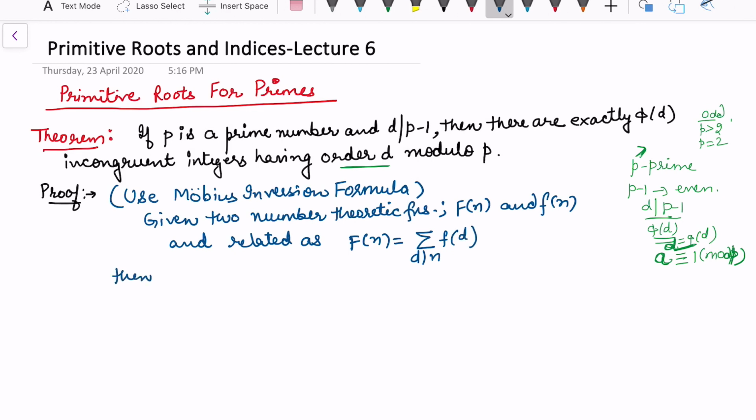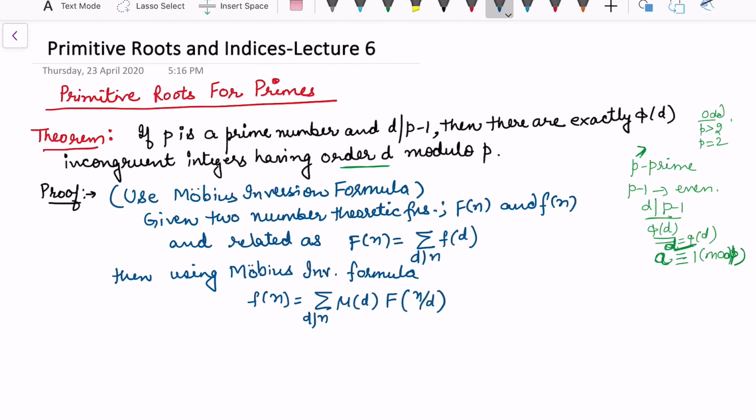Then using the Mobius inversion formula, I can write small f(n) in terms of capital F(n). So this means I can have the expression f(n) is the same as the summation over d divides n of mu(d) into capital F(n by d), or I may also write this as the summation over d divides n of mu(n by d) into F(d).